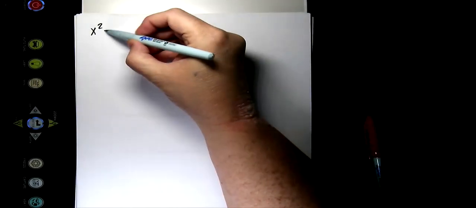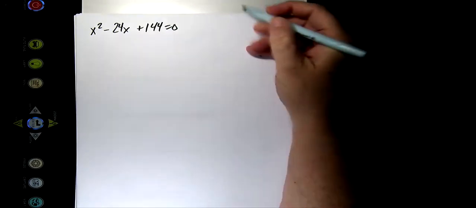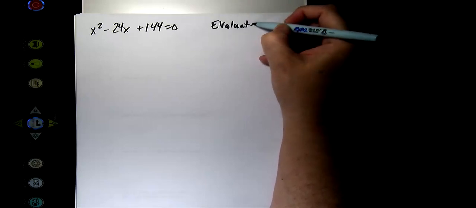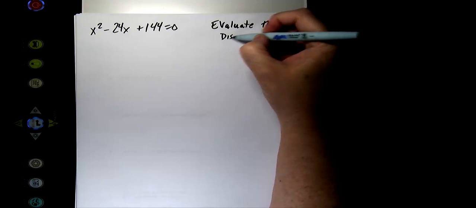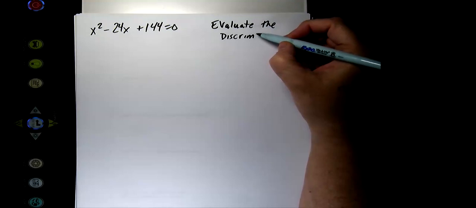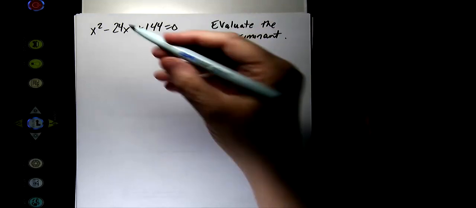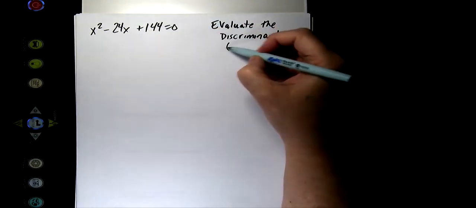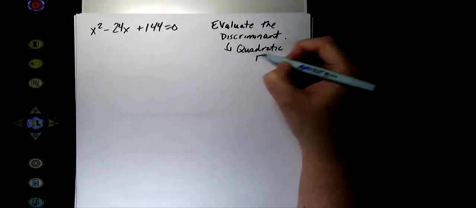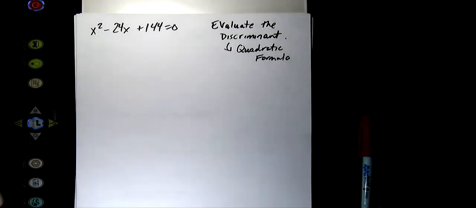So this has x squared minus 24x plus 144 equals 0. And it says evaluate the discriminant. So the discriminant comes from the quadratic formula.